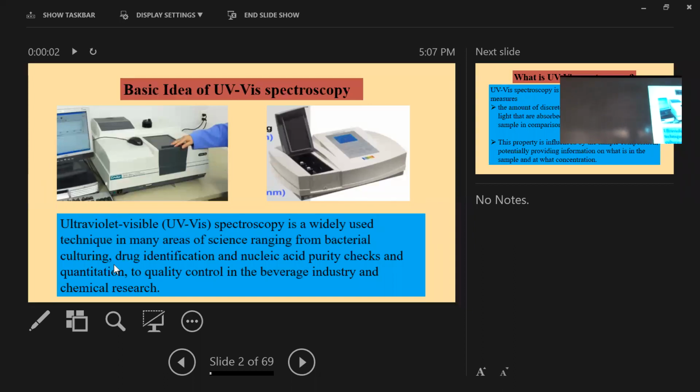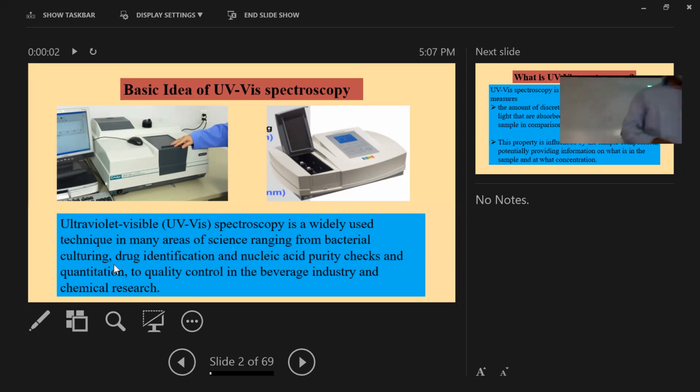Because if you block the visible light, then you cannot see. So we use sunglasses in such a way that they protect only from the UV light, not the visible light.